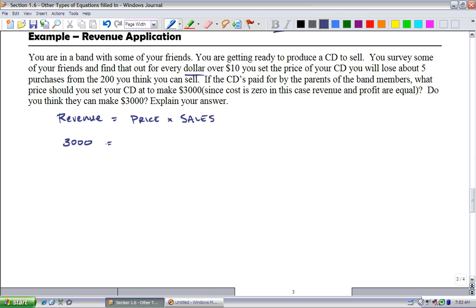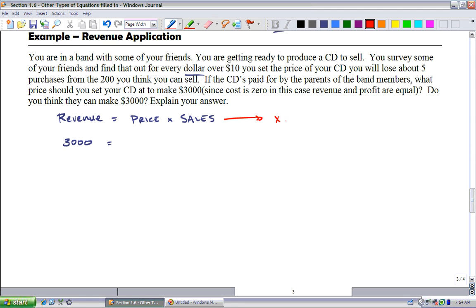Our price, and this is the absolute key to this problem, is that we have to look back up here and determine what is everything dependent upon. How many are we going to sell? How many CDs we sell is completely dependent upon, according to our survey here, what our price is. Not necessarily what our price is, but what our price is over $10.